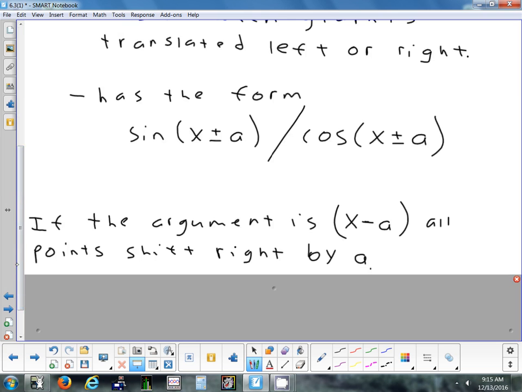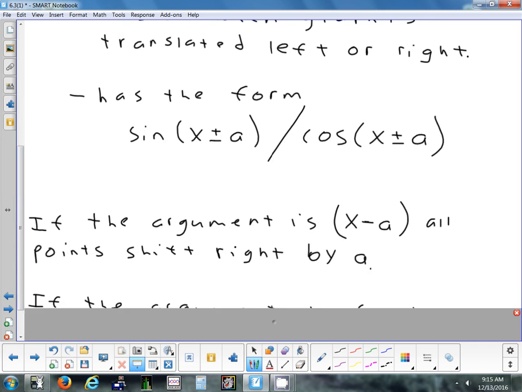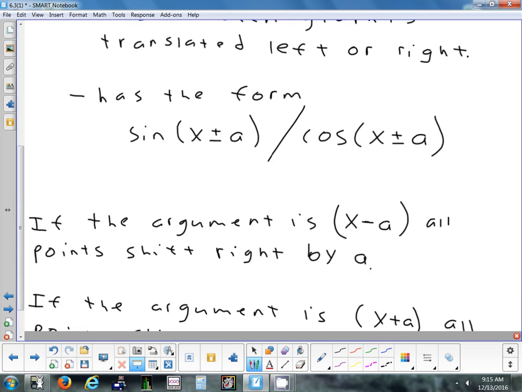Since we're dealing with radians, we are going to see radians come up a lot. So if you want to shift it, say, by 90 degrees, we wouldn't fill in 90 for A. We would fill in pi over 2. What about if you have x plus a number? Which way is that one going to shift?